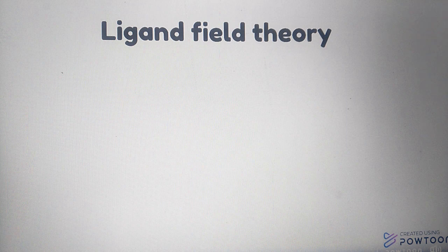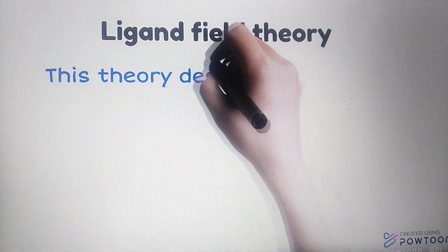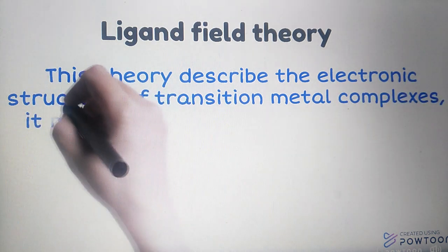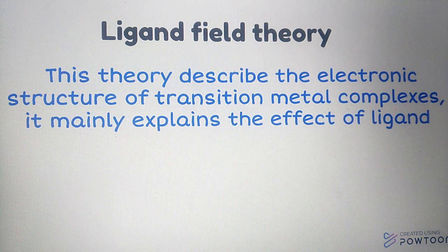In this video, I shall explain the ligand field theory. Ligand field theory describes the electronic structure of transition metal complexes. It mainly explains the effect of ligands. Molecular orbital theory explains the covalent character in a transition metal complex.